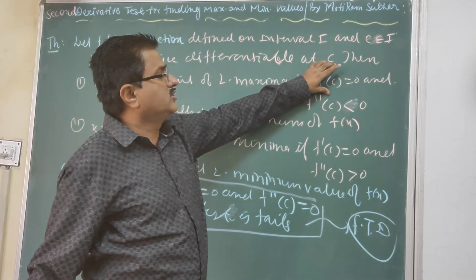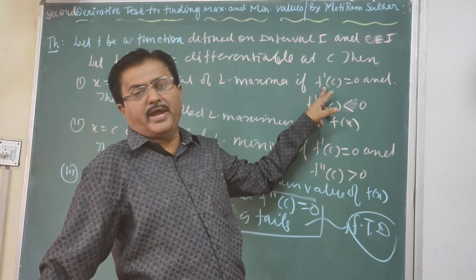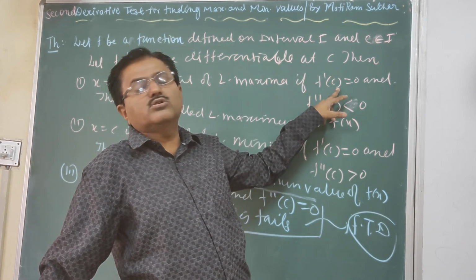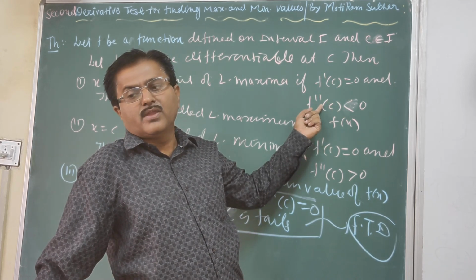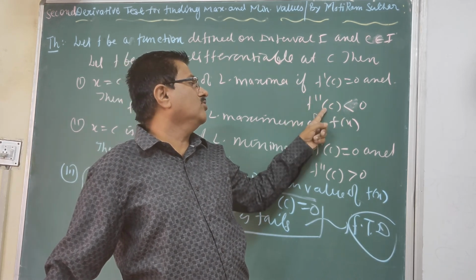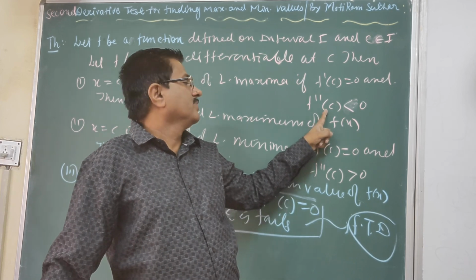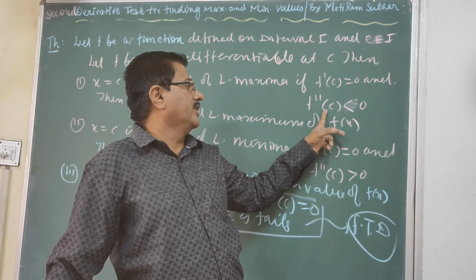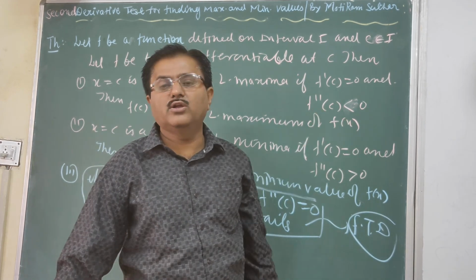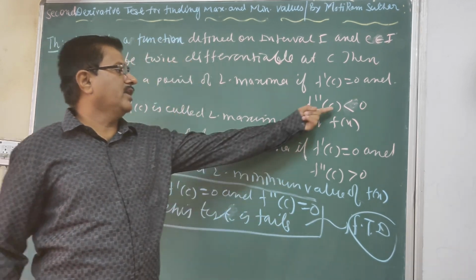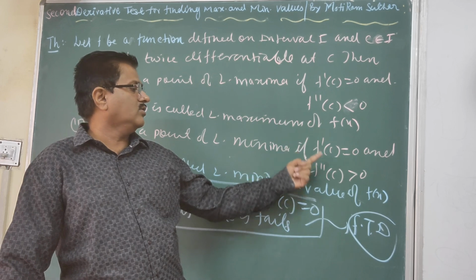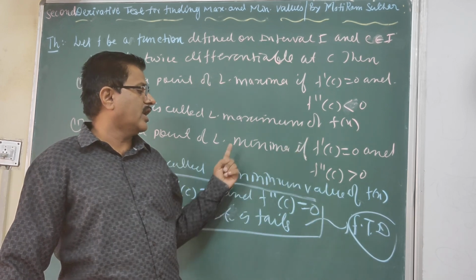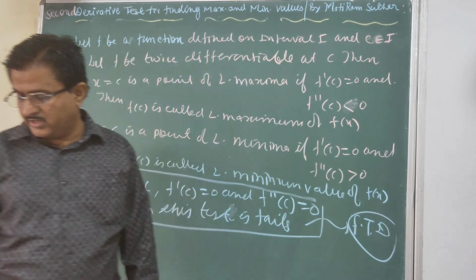Put it equal to 0, you get the value of x. Suppose x equal to c, which is the critical point. Again find the second derivative and put the value of the critical point in the second derivative. We get values that may be negative or positive. If it is negative, then it has a local maximum value. If the second derivative is positive, then it is a local minimum.